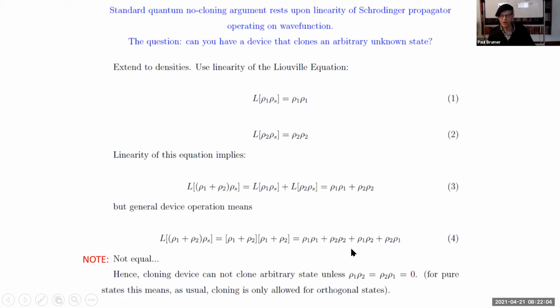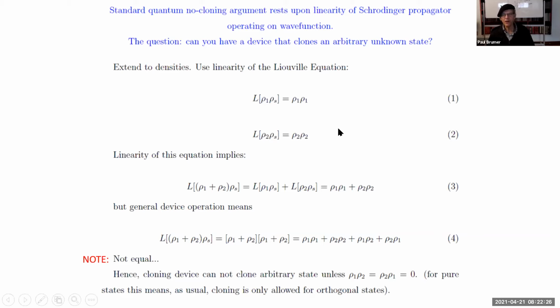If these are pure states, you get exactly the normal no cloning theorem, which is that you can clone orthogonal states. But you cannot clone arbitrary states, and that's the no cloning theorem. You can handle orthogonal states, but not arbitrary states.